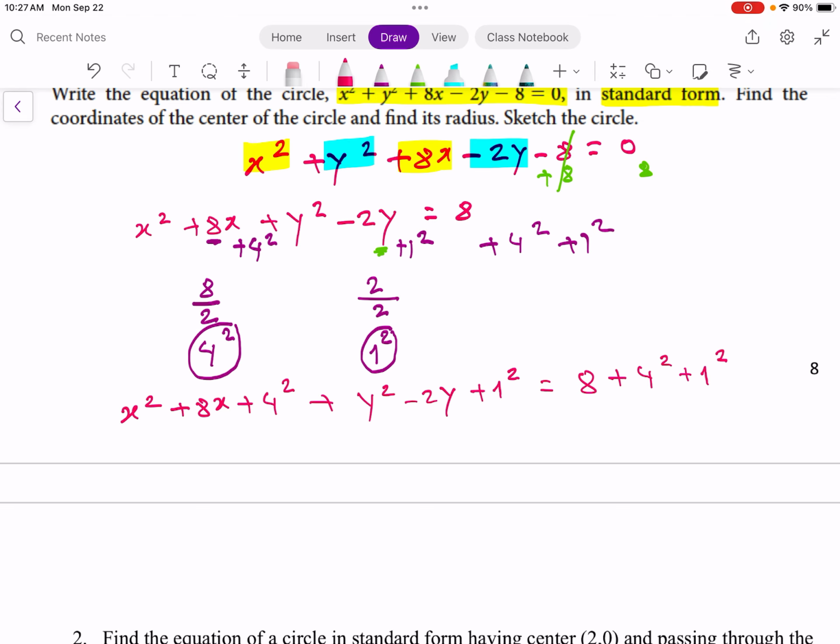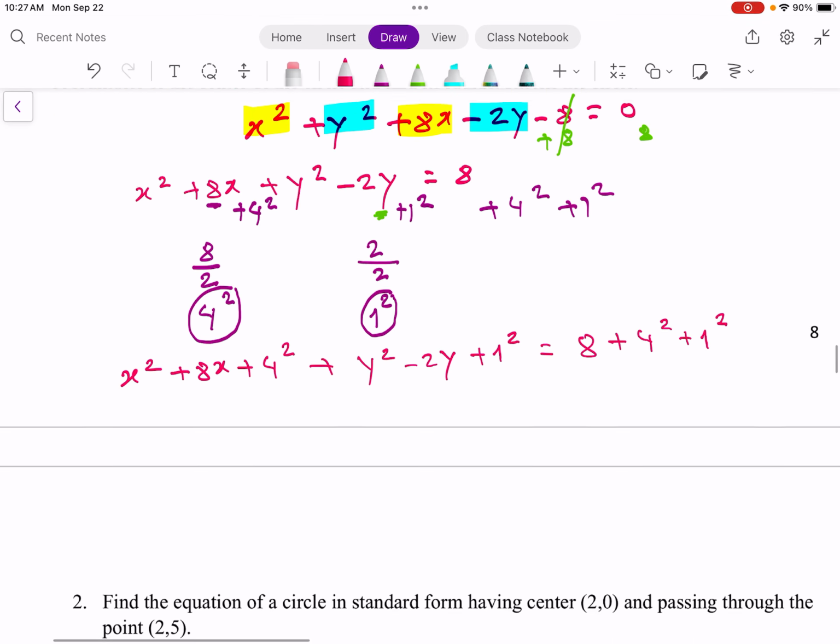You take the coefficient of x divided by 2, square it, add on both sides. Then take the coefficient of y, divide by 2, square it, and add that number on both sides. This is the step that we had when we used the completing the square method for solving quadratic equations. Any question up to here?